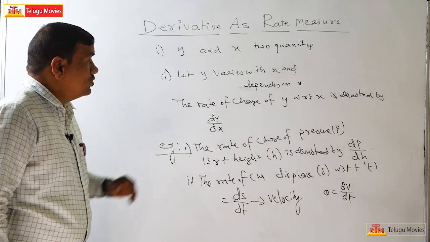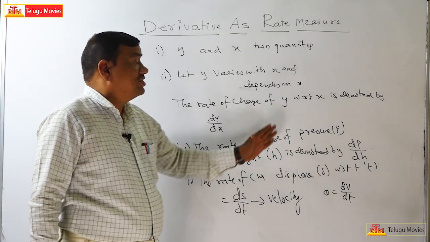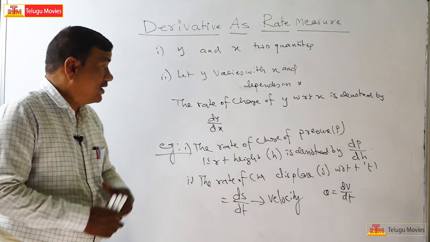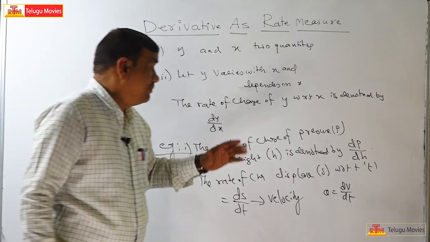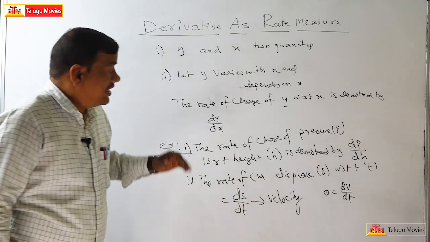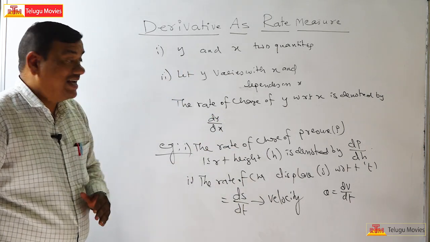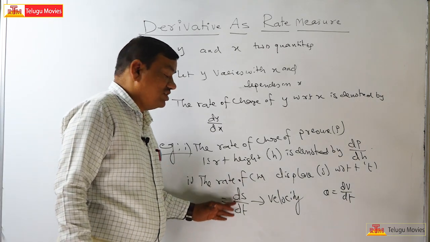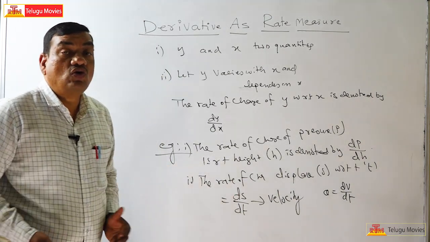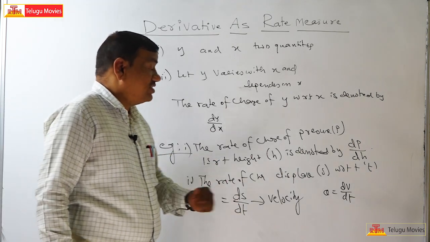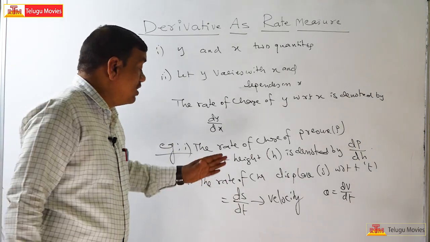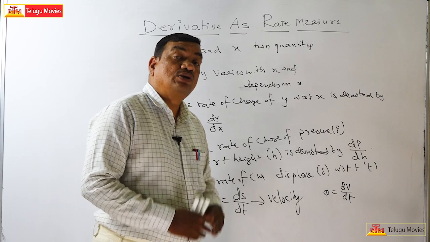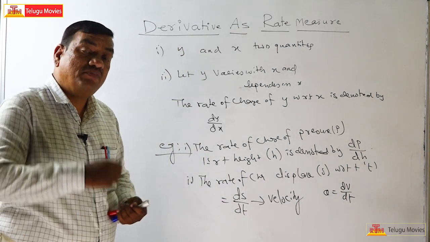Examples: the rate of change of pressure P with respect to height is dP by dH. The rate of change of displacement S with respect to time is ds by dt, and we call that quantity velocity.